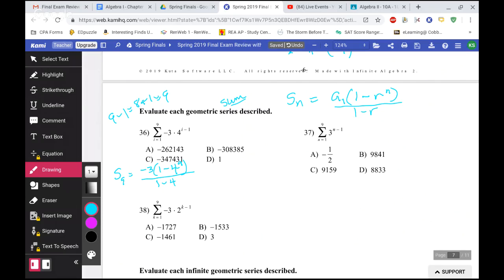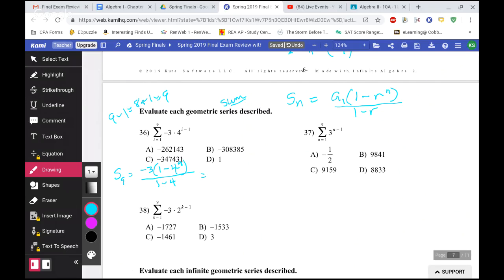Now make sure you plug this in your calculator correctly, depending upon how you do it. Make sure you're using parentheses.